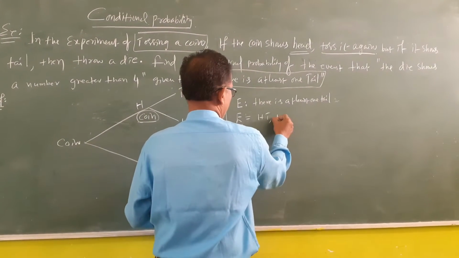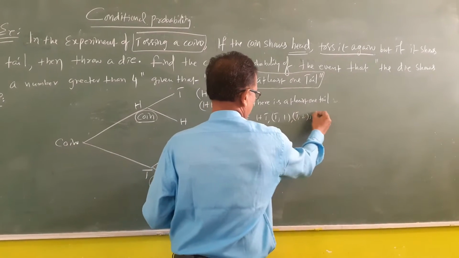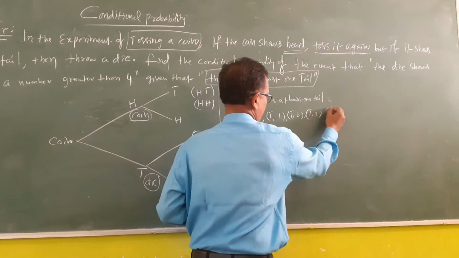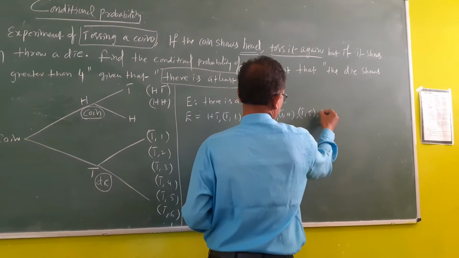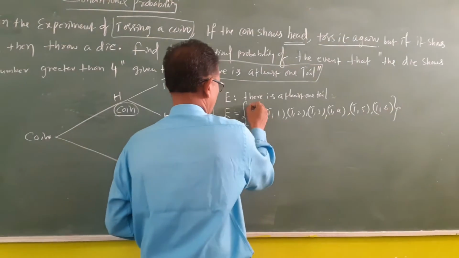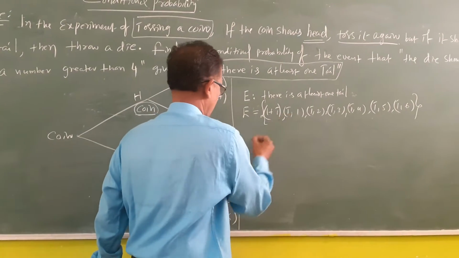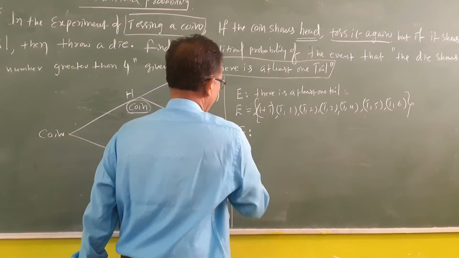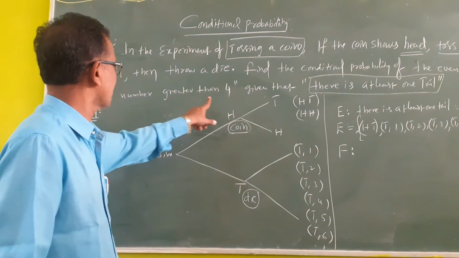This is T1, T2, T3, T4, T5, T6. So at least one tail is our E. Next, what is F? F is the event that the number shown is greater than 4.